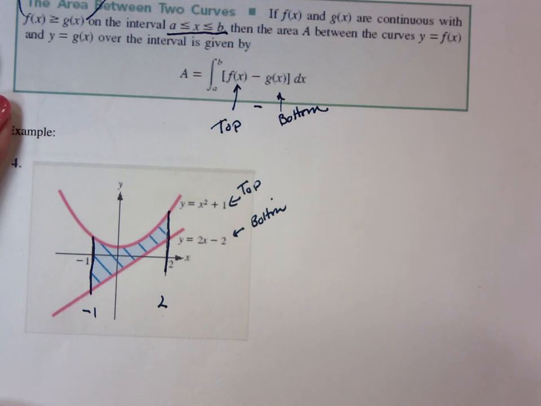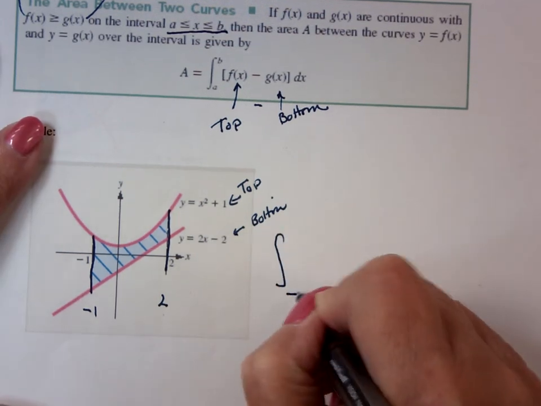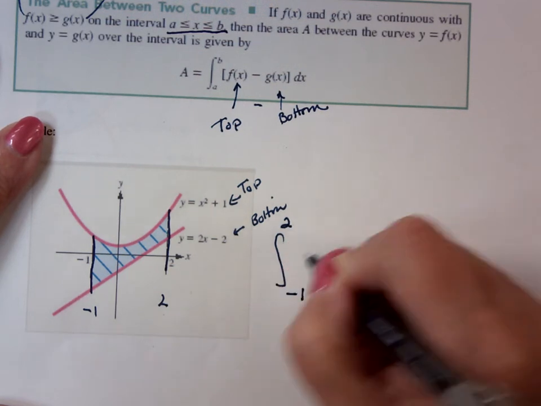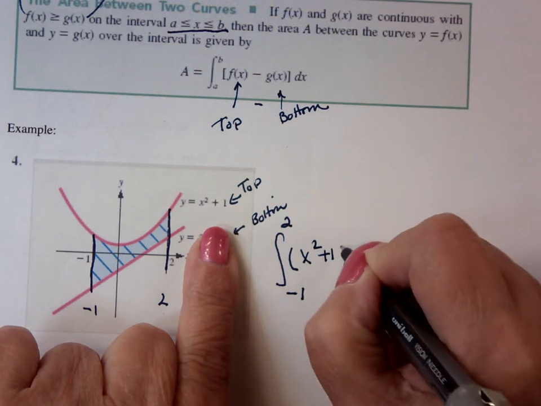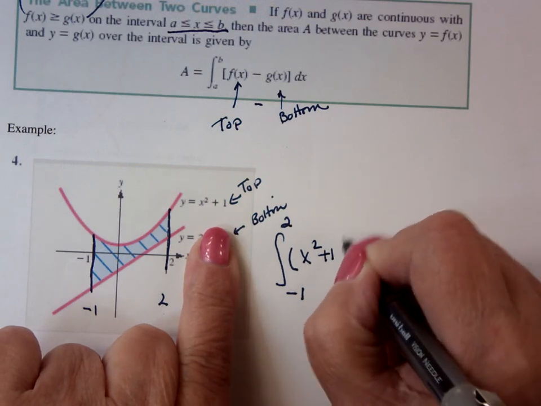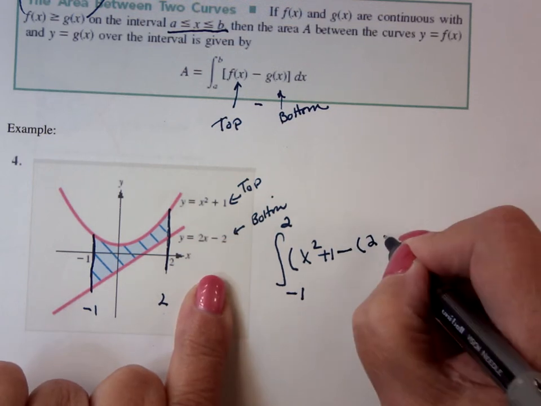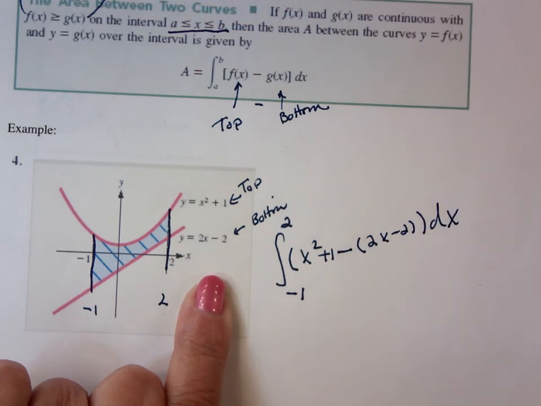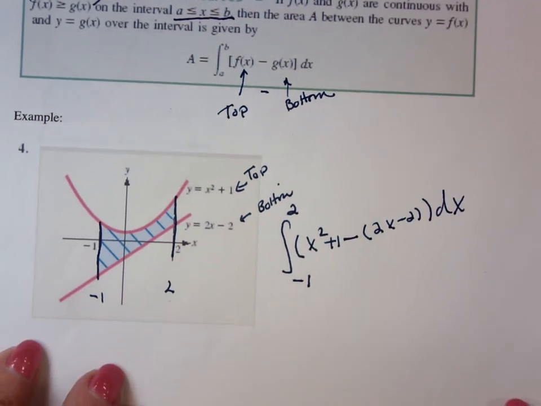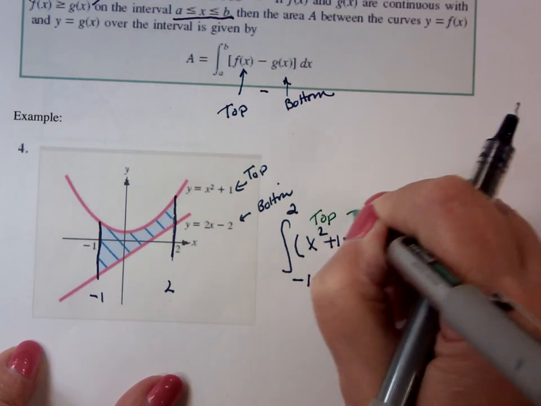I only want the area between those two elements, so it would be the integral from -1 to 2 of the top one, subtract the bottom one. It's more than one term, so you need to put it in parentheses, dx. So top minus bottom.